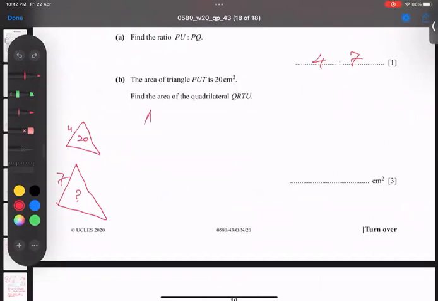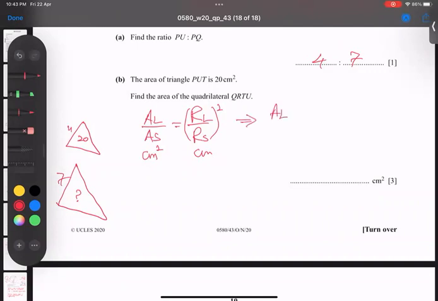So let's start. Area of the large over area of the small equals the ratio of the sides, large by small, and put a square here. Why put a square? Because area is counted in centimeters squared and length is in centimeters. They are not equal. To make them equal, I will put a square on the right hand side. I hope you got the idea well. Now I'm going to plug in the values.